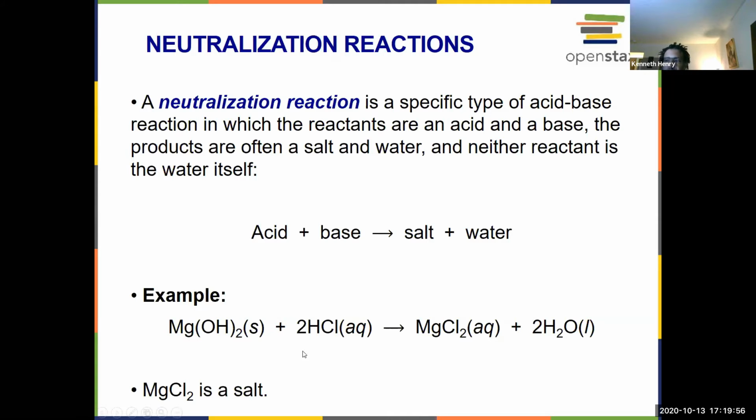Here they give you an example. If you have magnesium hydroxide and we add hydrochloric acid, what's going to yield? We're going to have magnesium chloride and water. Piece of cake?